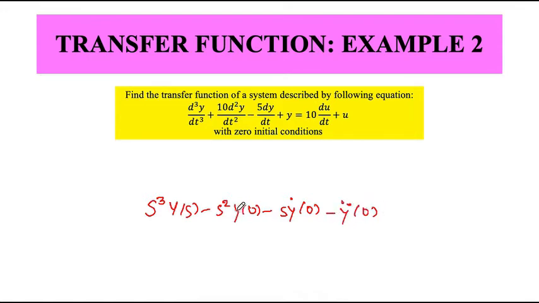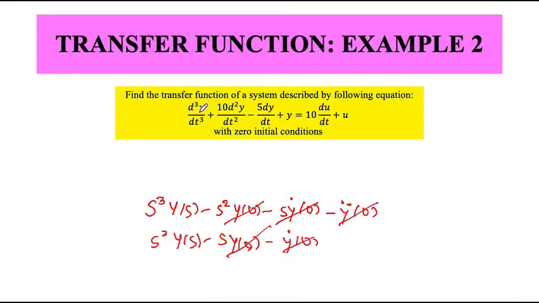As all initial conditions are 0, those terms are 0, so I am left with s cube Ys. Similarly for double differentiation it will be s square Ys minus s y naught minus y differentiation at initial condition. Again these terms are 0, and I am left with s square Ys.